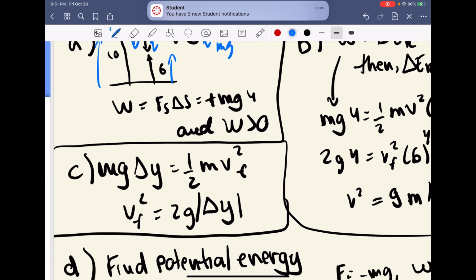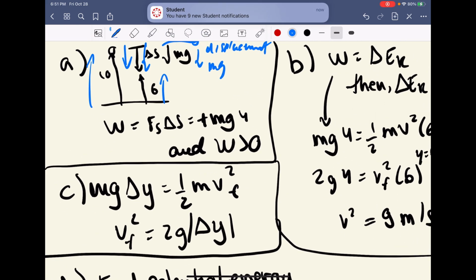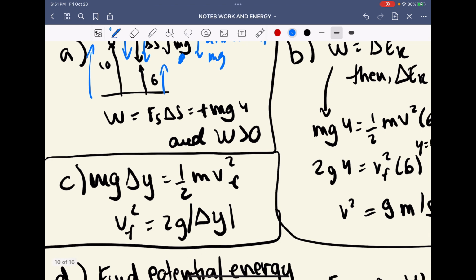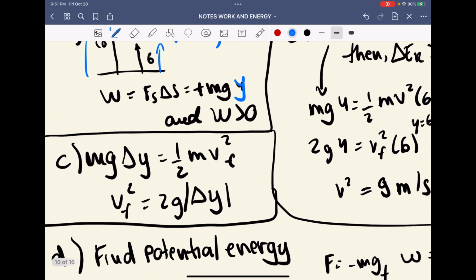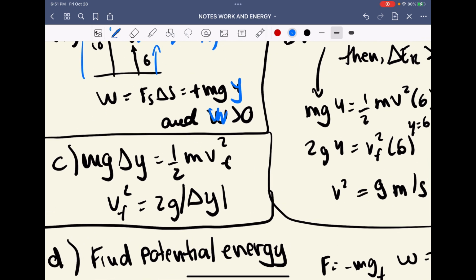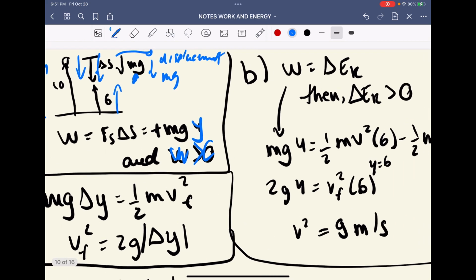So we can establish the relationship that work is equal to the force in the direction of the displacement times the displacement, which is equal to mg y. And we've seen that work is greater than 0 in this case.